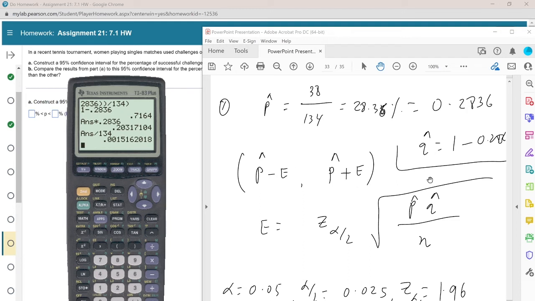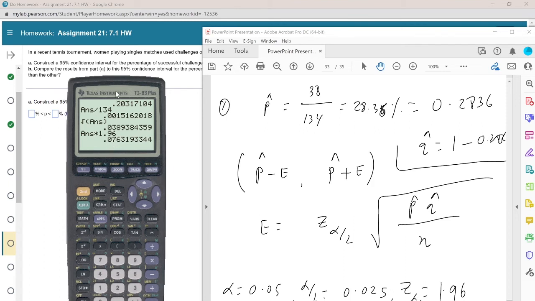That's divided by n, and take the square root of this value, the square root of this answer. Where is the answer? This one, second. And take the square root of that and multiply it by the Z score. Z score is 1.96, and that gives us our value of E.